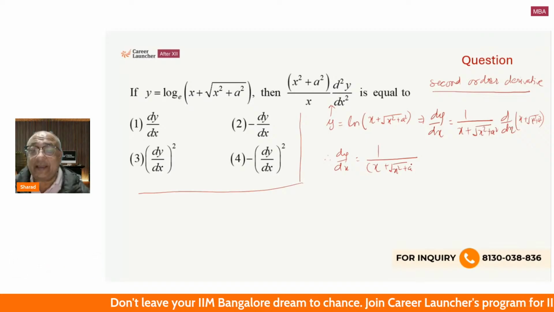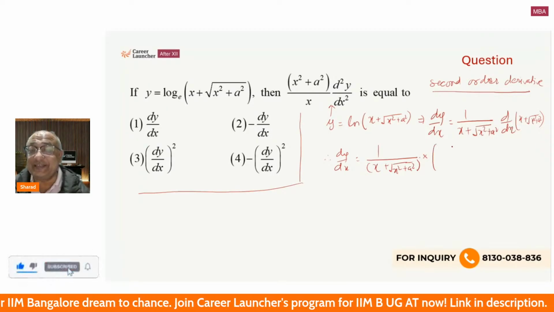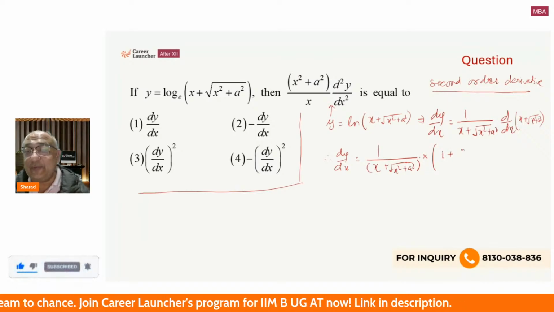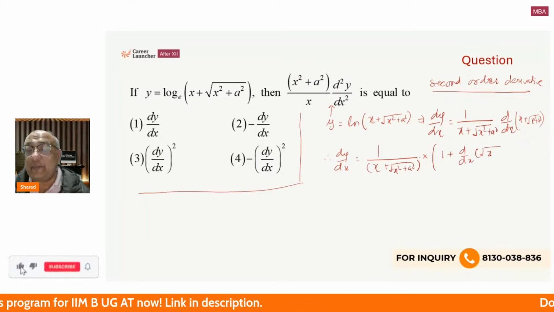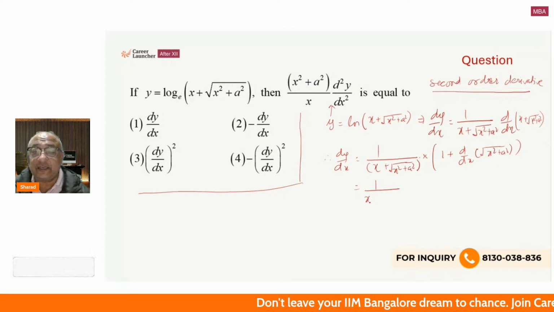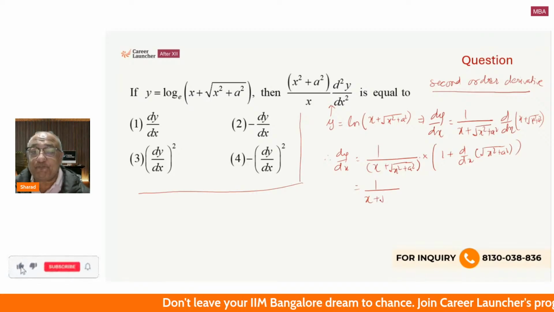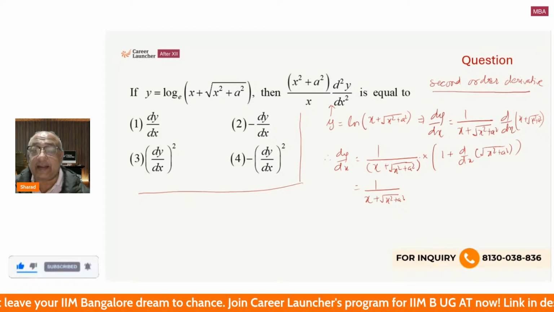Bracket is like a helmet. It will avoid accidents. Accidents means in maths, mistakes. 1 plus d by dx of under root x square plus y square. You guys are smart. Differentiation of under root x is 1 upon 2 into under root x. We will use that only.